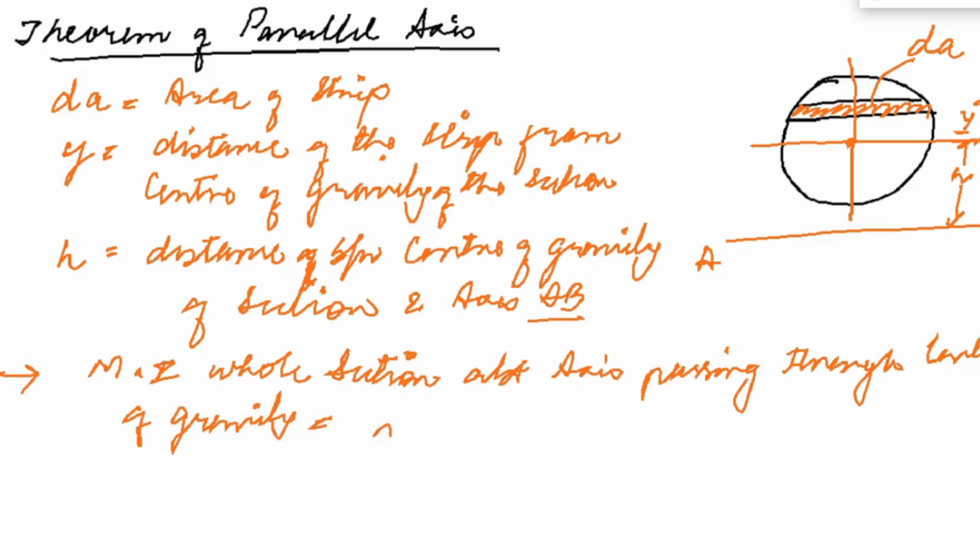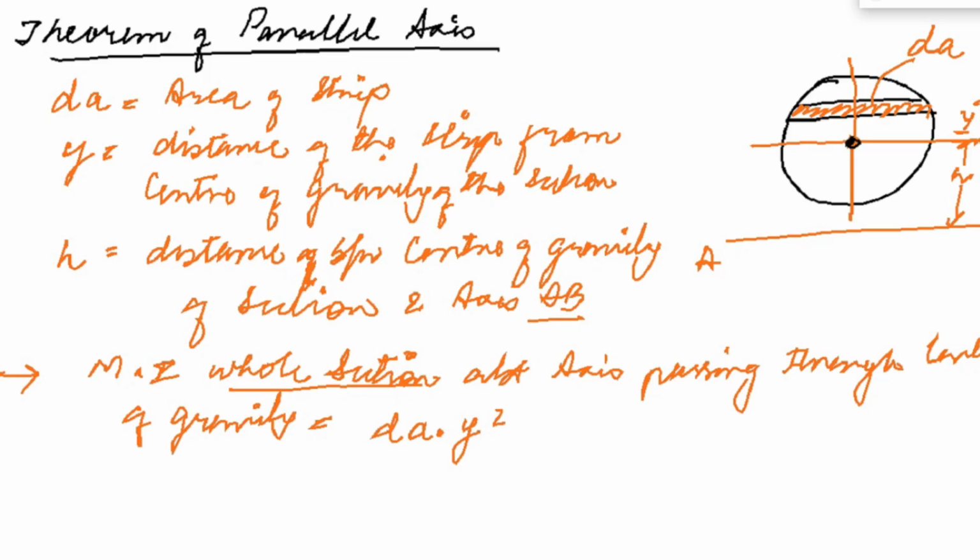It is simply equal to how much? dA times y square of whole section. I am right now talking about moment of inertia of whole section about axis passing through the center of gravity. Here, center of gravity is passing through the center point of the diameters, which is equal to moment of area dA times y square.